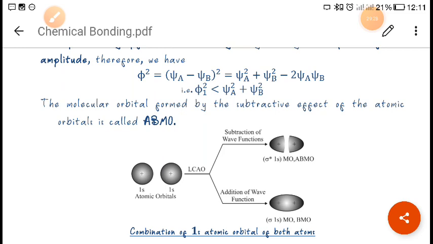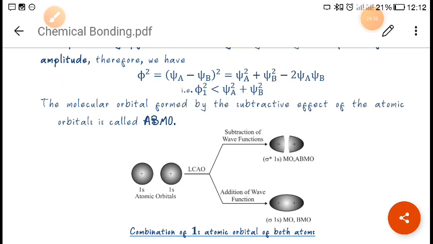The electrons are in those regions of space where they are not under the attraction of both the nuclei.